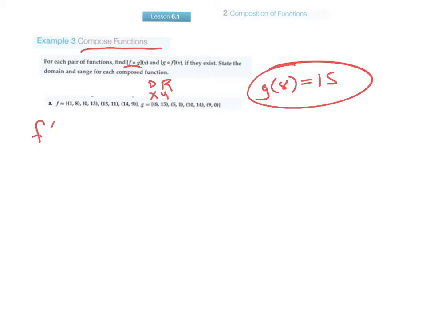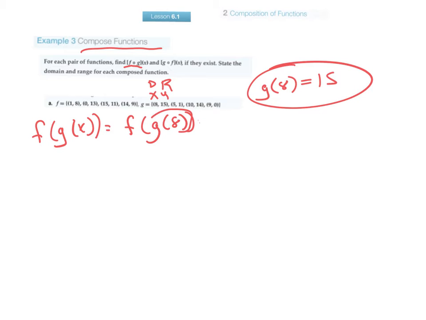I'm going to go F of G of X, in this case, where I'm going to substitute that X with an 8, and that's going to equal 15. Oops, that part's my fault. That part doesn't equal 15. I did that wrong.